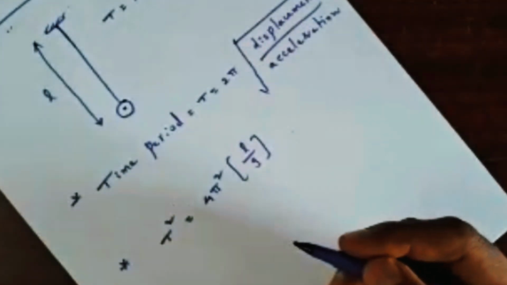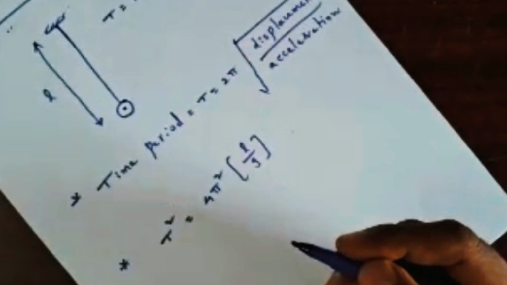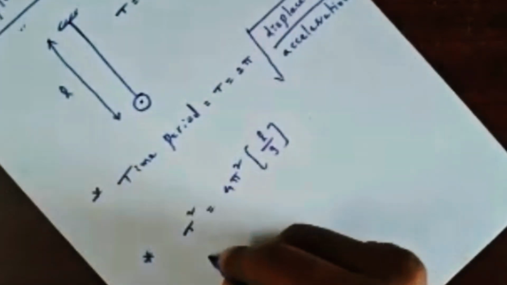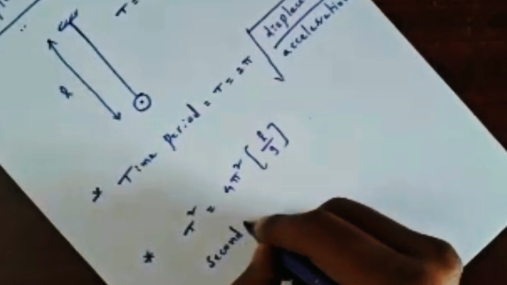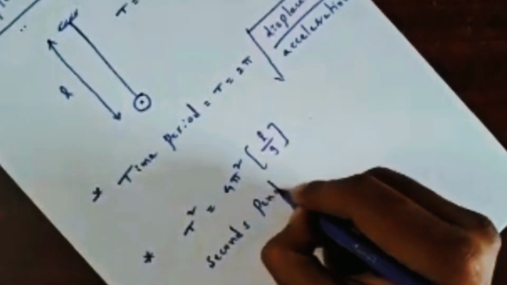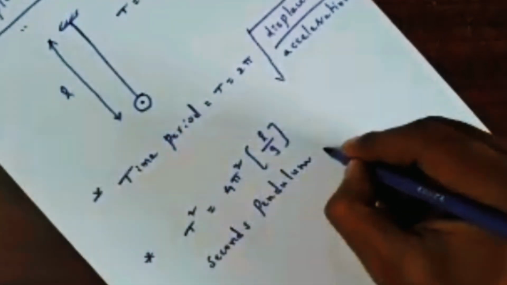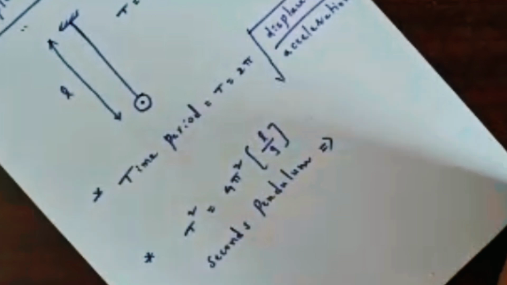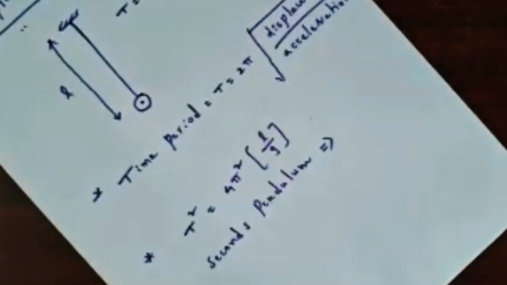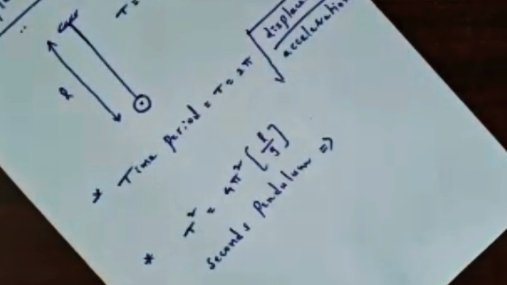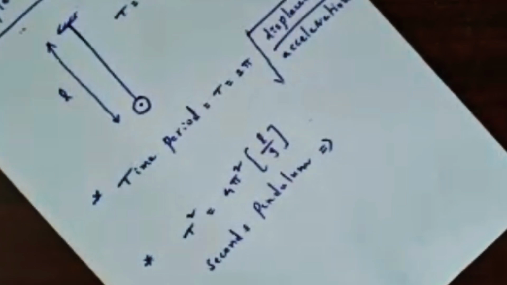And then from this I am taking the concept of the seconds pendulum. What is the seconds pendulum? Whose time period is equal to 2 seconds. Then that pendulum is known as seconds pendulum. It clearly indicates that the time period of the seconds pendulum is 2 seconds.